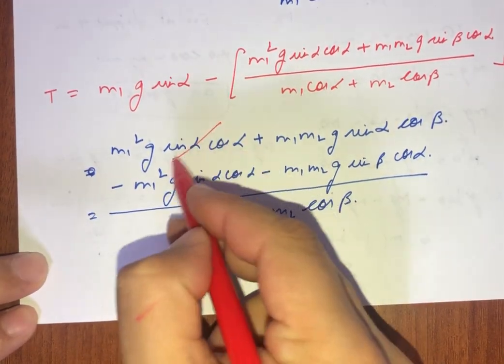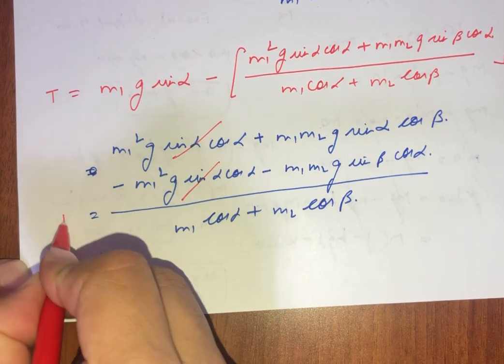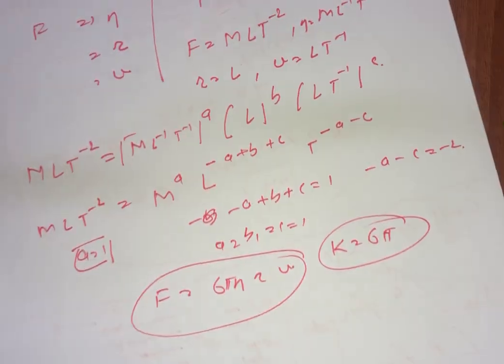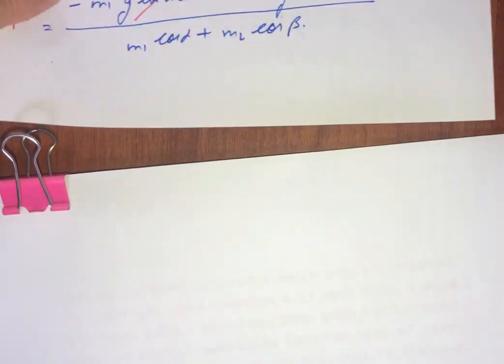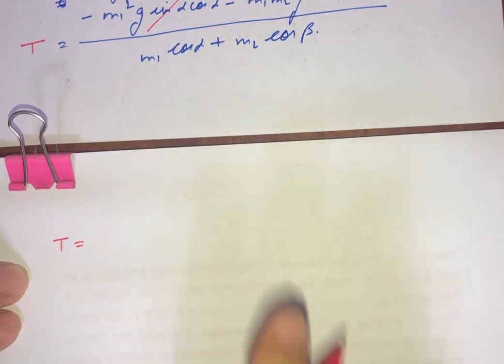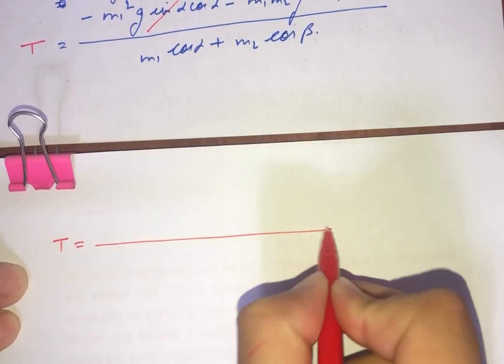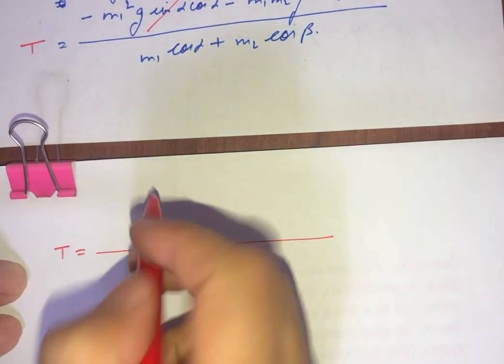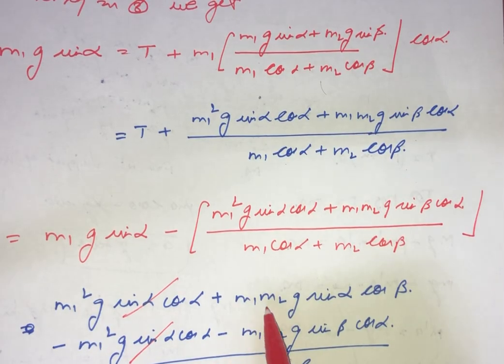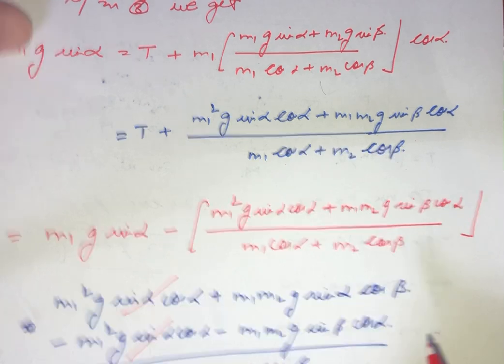So this and this term cancel out and we get T is equal to, and from this we can take m1 m2 g as common.